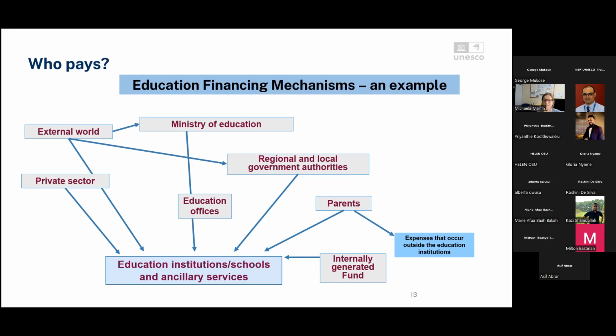Yes, when you look at our system, this is a reflection of what happens in Uganda. What you look at, for example, university education, over 60% of the universities in Uganda are private.